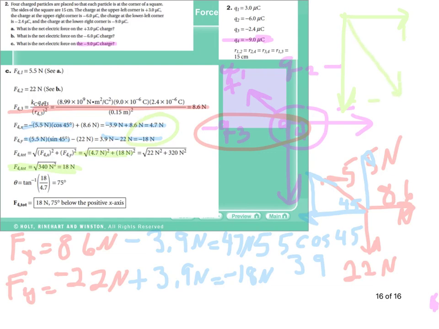So we want something here. If we find this theta, it's going to be the tangent, as illustrated right here, opposite 18 over adjacent 4.7, and applying the inverse tan to that, we get 75 degrees, and that's what we have.